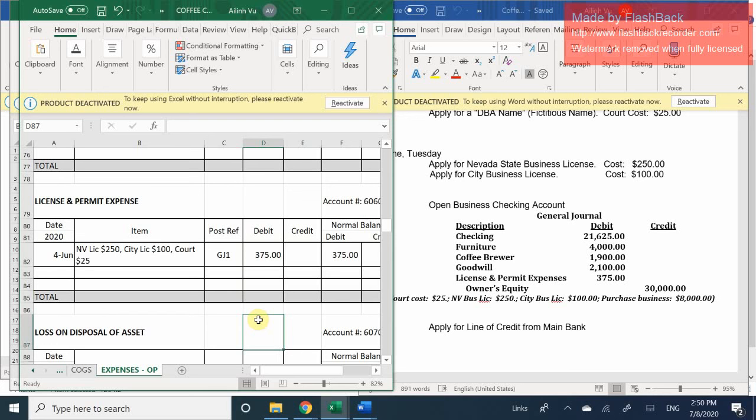If you were to skip ahead to owner's equity and completely forgot about the license and business expense, that's exactly why you have discrepancies when you do your trial balance. For the purpose of this class, I want you to keep practicing and just do it in order. Okay, so owner's equity.